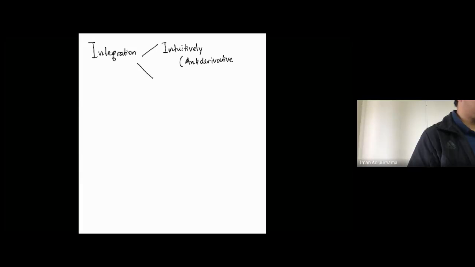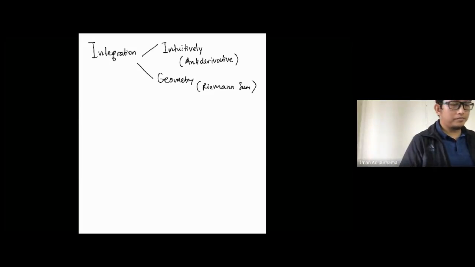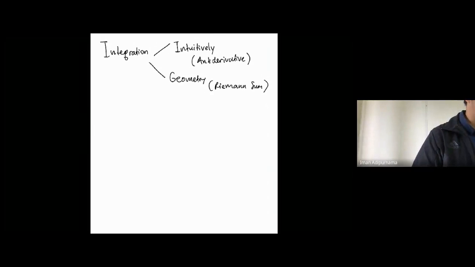And we can approach the integration through geometry. This is what we call later the Riemann sum. Now let's start from the antiderivative.